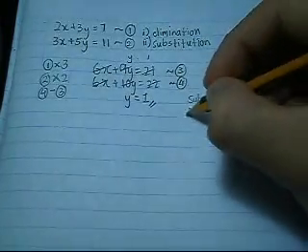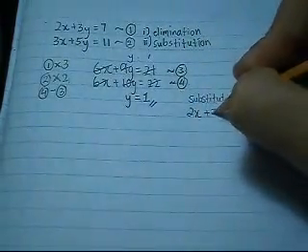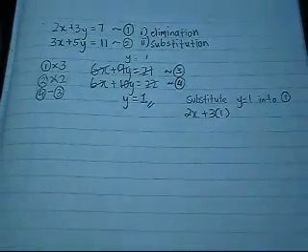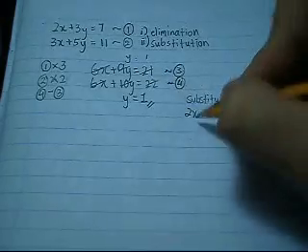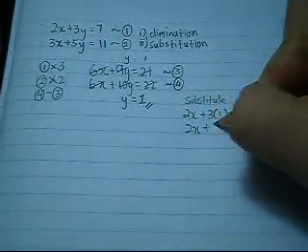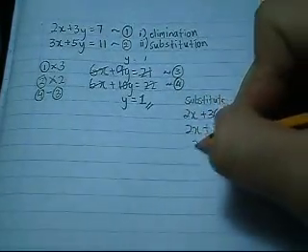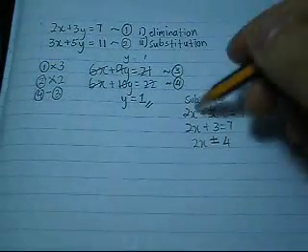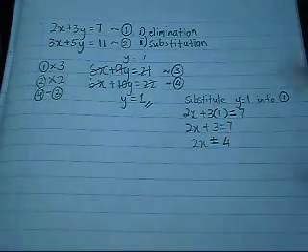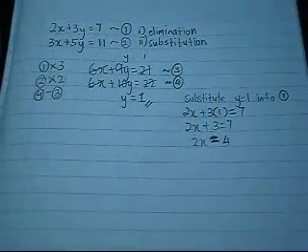What you get is 2x plus 3 times 1, because y is 1, equals 7. 2x plus 3 equals 7. 2x equals 4, because 7 minus 3 is 4.